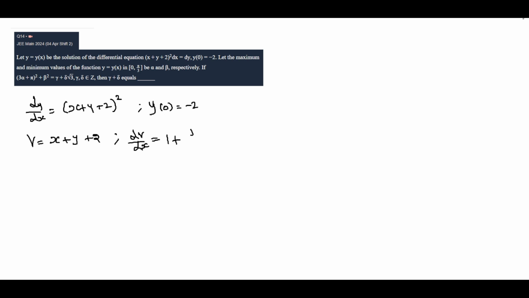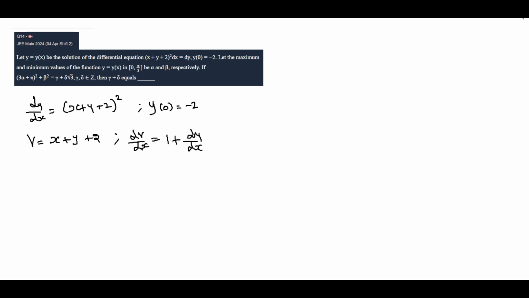Next question: dy by dx equal to x plus y plus 2 whole square, and the given condition is y of 0 equal to minus 2. In this equation just assume v equal to x plus y plus 2. So dv by dx is 1 plus dy by dx.